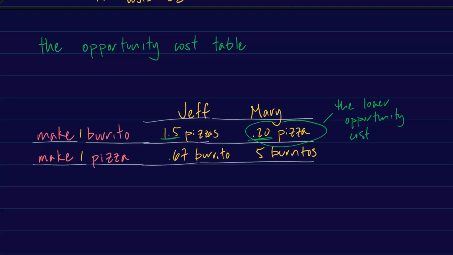Meanwhile, the cost of having Jeff make one pizza is only 2/3 of a burrito, whereas the cost of having Mary make one pizza is 5 burritos. So here the lower opportunity cost is 0.67 burritos.